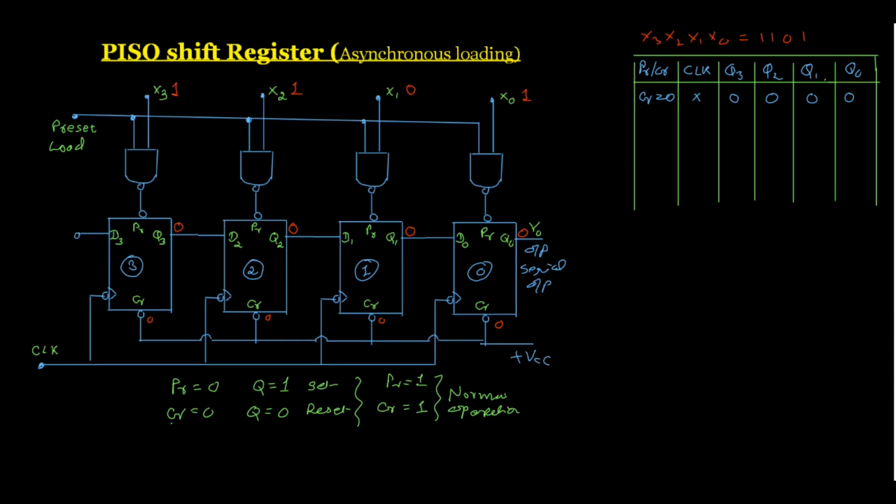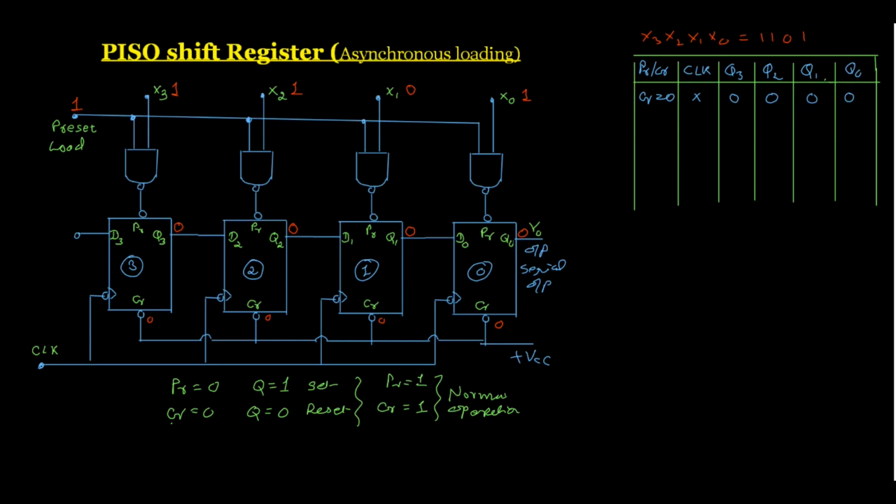And now the load input, whatever it is, has to be connected to a high level. So here we will apply a 1. This preset input is 1. Now let us see what will happen.